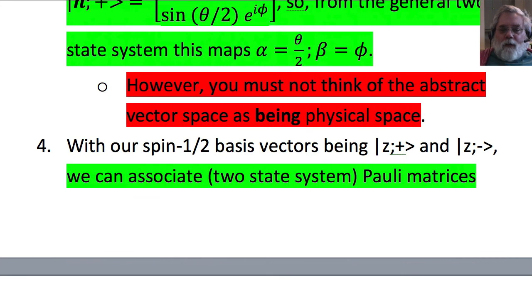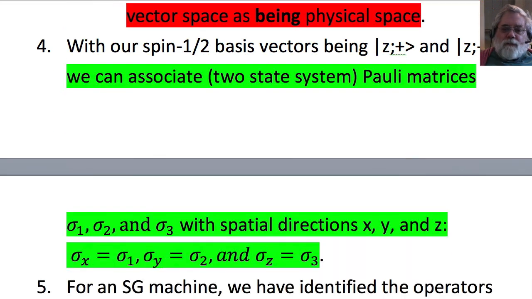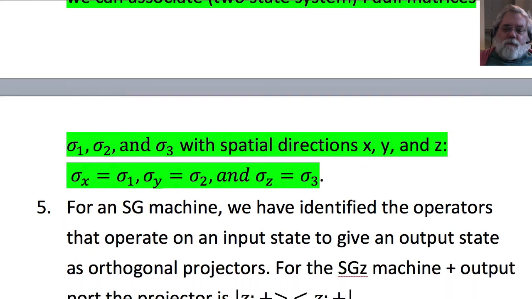With our spin 1/2 basis vectors being z plus and z minus, we can associate two-state system Pauli matrices sigma 1, 2, and 3 with spatial directions x, y, and z. Sigma x is sigma 1, sigma y is sigma 2, sigma z is sigma 3.